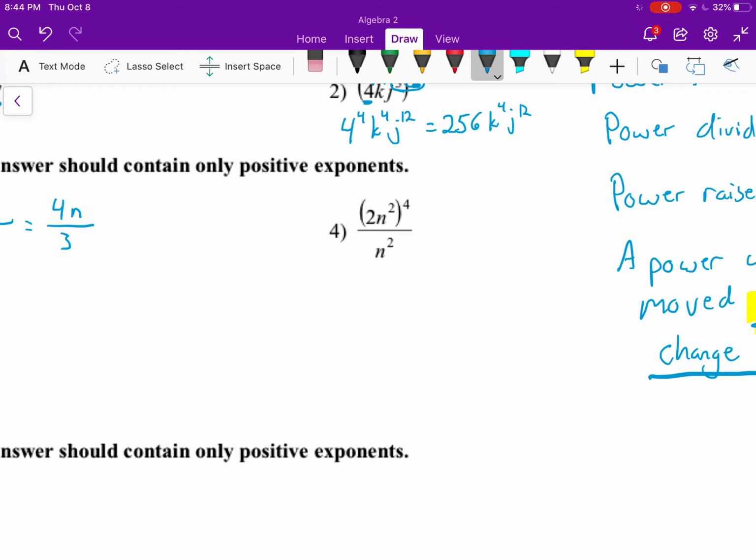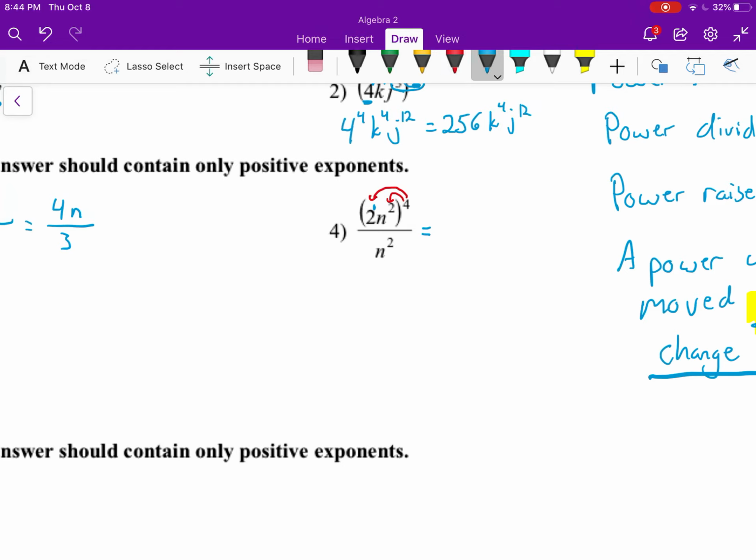Number 4, kind of incorporating a few things here. Whenever we have numbers or variables without exponents, we can put a 1 in there, so that's 2 to the first times n squared. Well, we know a power to a power, you multiply the exponents.